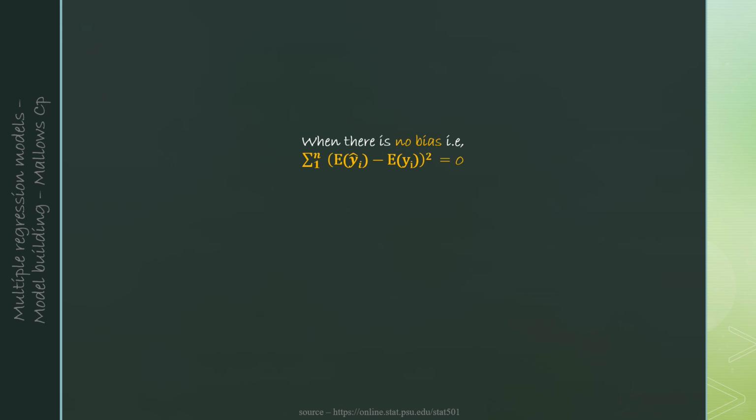When there is no bias, that is sigma 1 to n estimated yi hat minus estimated yi the whole square equals 0, it can be proved that normalized total variance gamma p equals 1 divided by sigma e square multiplied by sigma 1 to n sigma yi hat square plus 0 equals p, where p is the number of predictors plus 1, where 1 stands for the intercept.